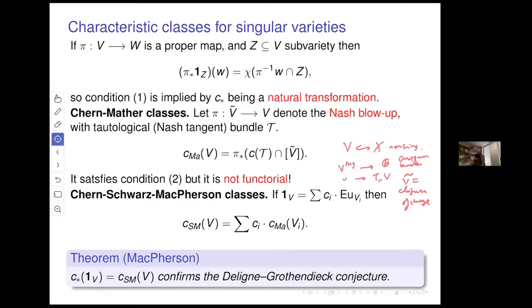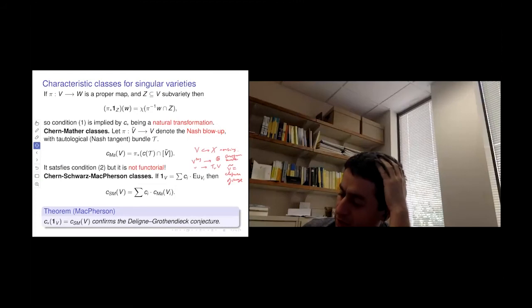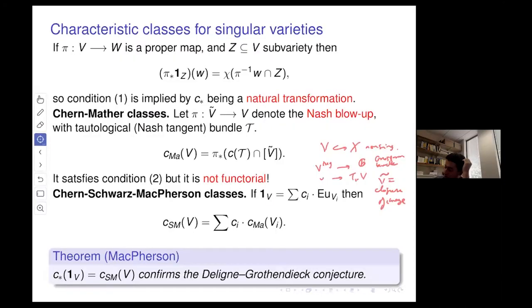So what you need to do is you take your indicator function for V, you write it as a linear combination of Euler obstruction functions, and then the CSM class of V would be the corresponding linear combination of Chern classes of these subvarieties, Chern-Mather classes of these subvarieties. And MacPherson's theorem was really that this definition gives you the right functoriality, and it generalizes the notion of the total Chern class of the tangent bundle.